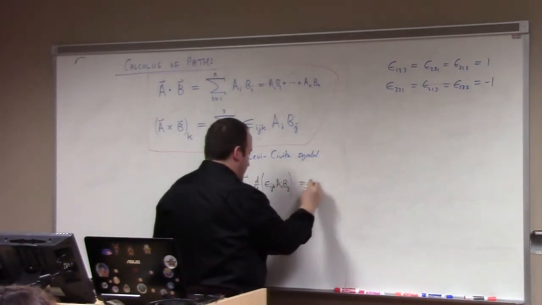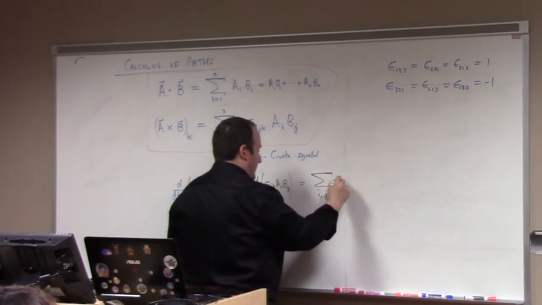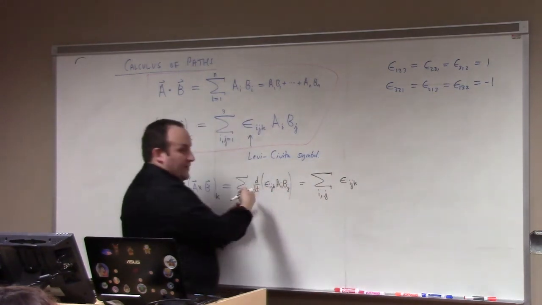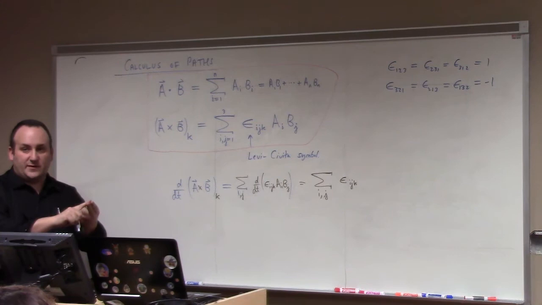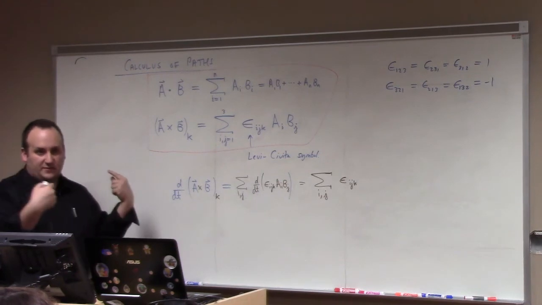So this is equal to the sum over i and j of, now I can pull the epsilon ijk outside of the derivative. Why? What's epsilon ijk? It's either 1, minus 1, or 0, depending on your choice of i, j and k. It has no time dependence. It's a constant. You can pull it out of the derivative.